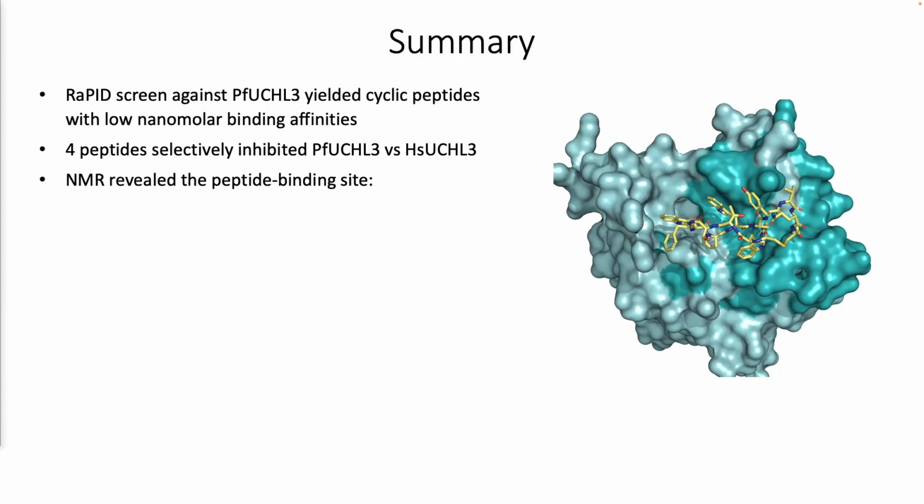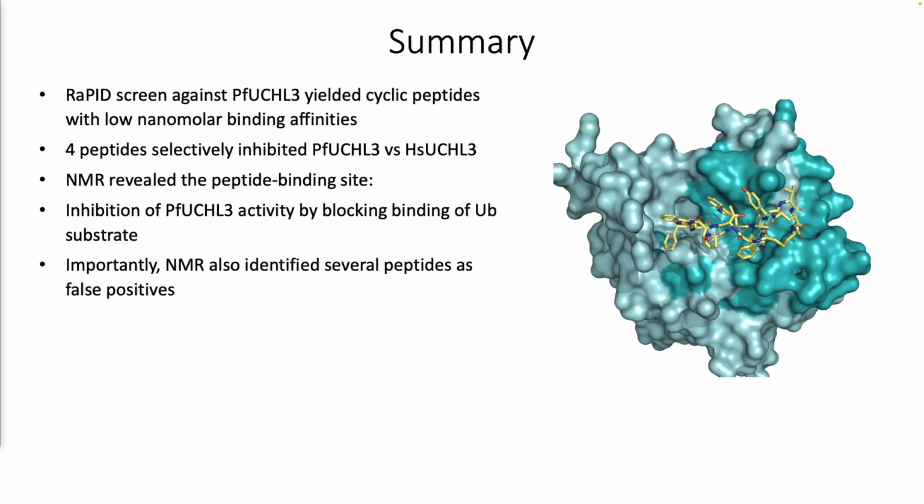NMR allowed us to identify the binding site on the peptide, on the protein, and we could see that inhibition occurs because the peptides block the ubiquitin binding site. Importantly, NMR also identified several peptides as false positives from the screen and also from the BLI. We suspect BLI, because it's a surface technique, was the reason why we got some false positives.